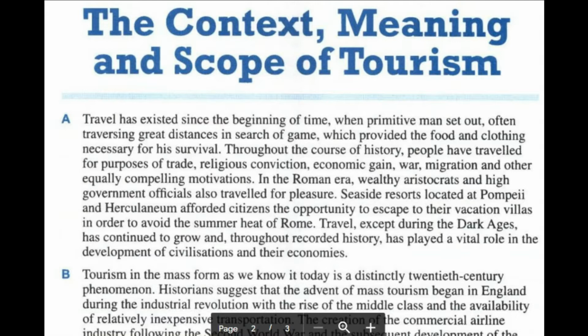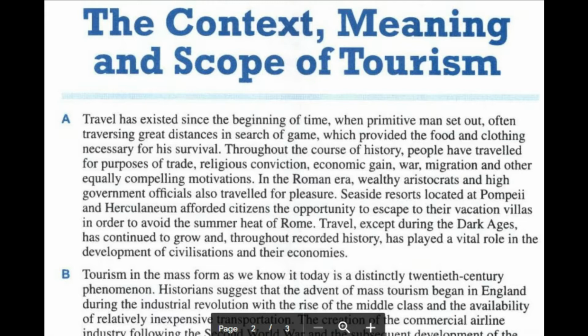This is an adjective clause, which provided the food. It describes the word game over here. For what game did people cover the distances? People go from one place to another, and the game was that which could provide them with food, clothing and other basic necessities of life for survival.